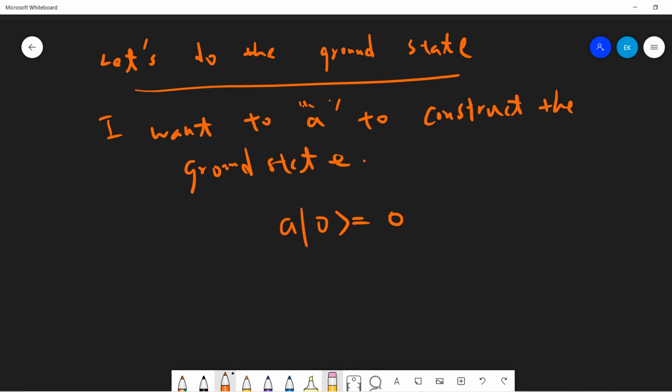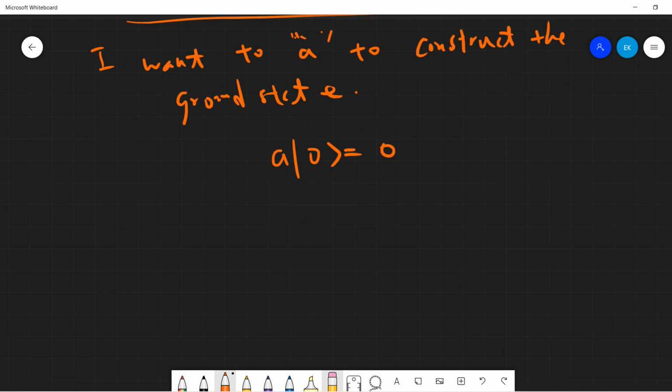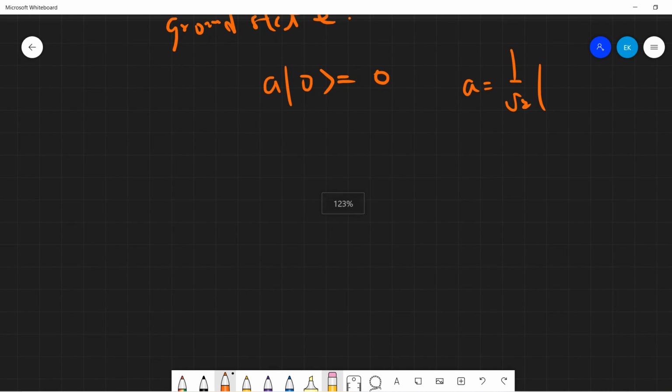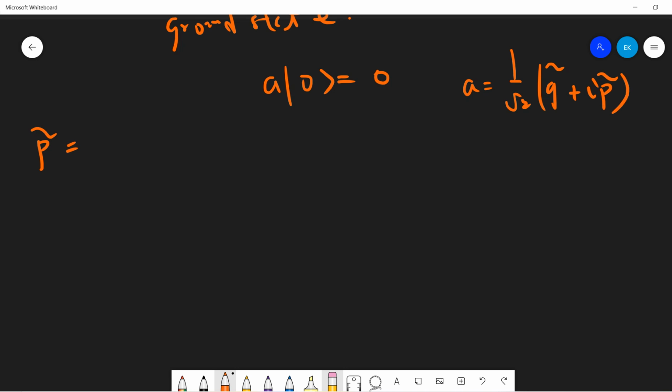So a acting on 0 will be 0, right? Because 0 is the ground state, and I know that a is 1 over square root of 2 times q tilde plus i p tilde, right, and I also use in quantum mechanics that p tilde is negative i d over d q tilde.